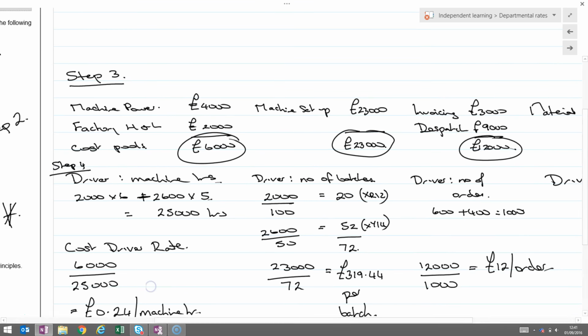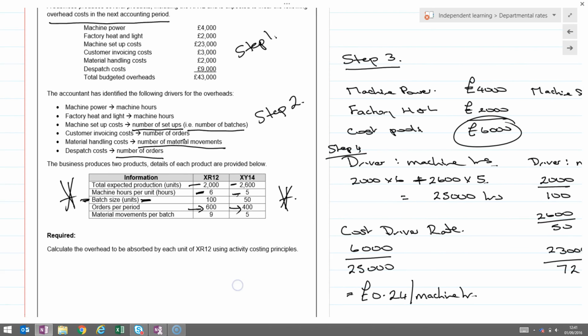So we need to work out the number of movements. Remember, again, it is for the period. So we are told 9 movements on the XR12, 5 on the XY14, but that is per batch. So we need to know how many batches there were in the period to get the movements for the period.